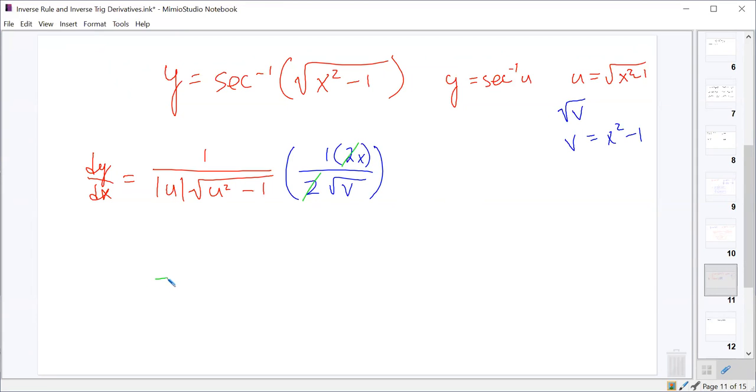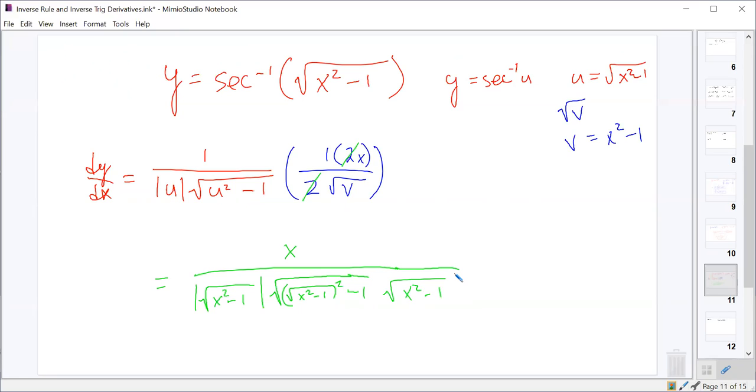And if we plug it all in, we should get x over the absolute value of the square root of x squared minus 1 times the square root of the square root of x squared minus 1 squared minus 1 times the square root of x squared minus 1. Everybody agree with that? Just replacing the u's with root x squared minus 1s and the v's with x squared minus 1s.